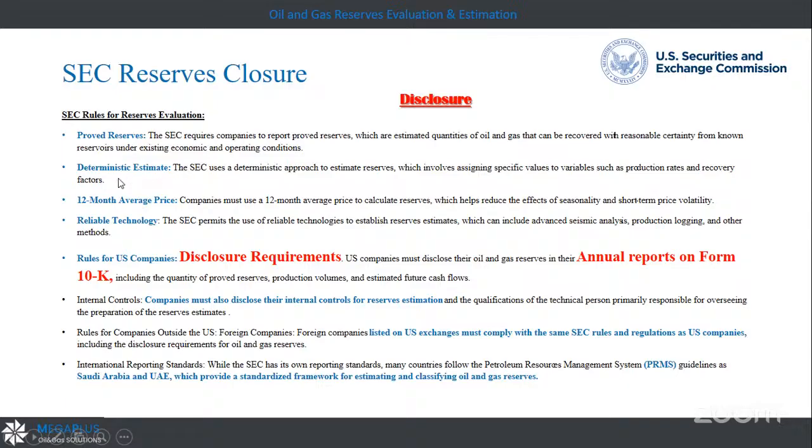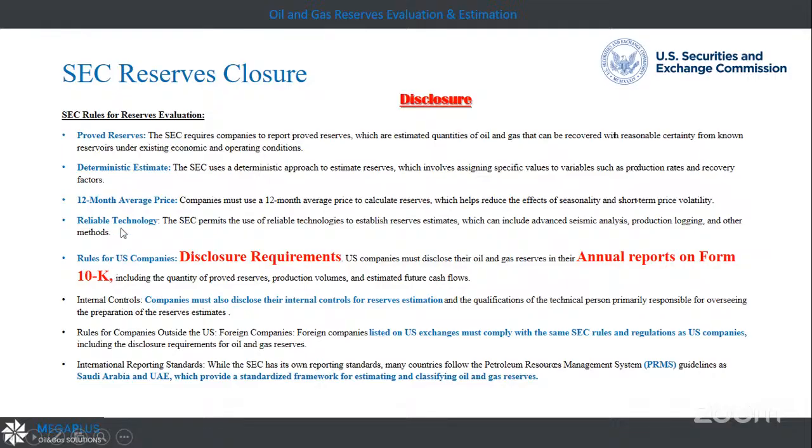For the estimation, you will see in the upcoming slide that we have two methods, deterministic and probabilistic. They are dealing with the deterministic method. For average pricing, the reserves must be evaluated in US dollars, and this price is calculated depending on the 12-month average price of the last year.